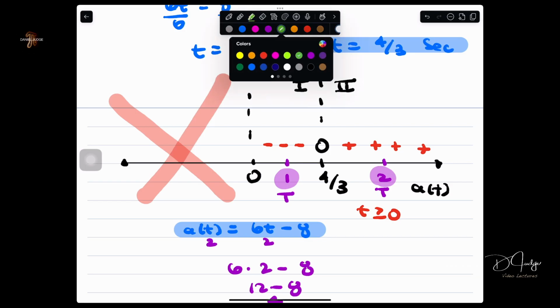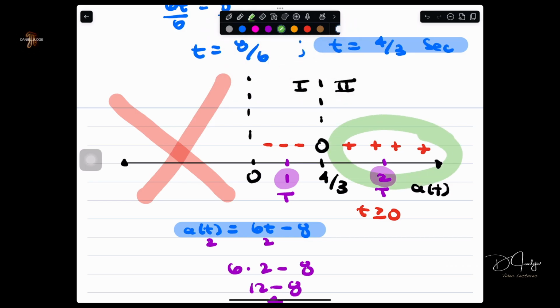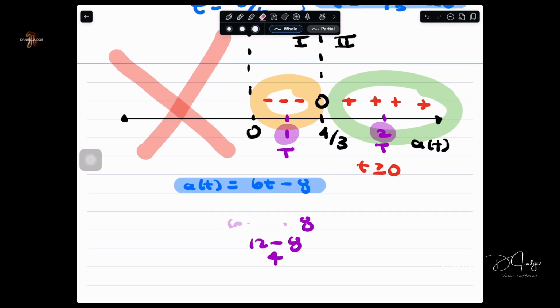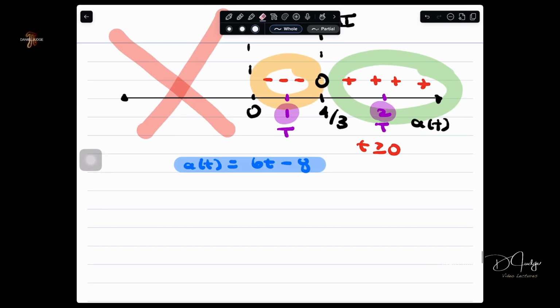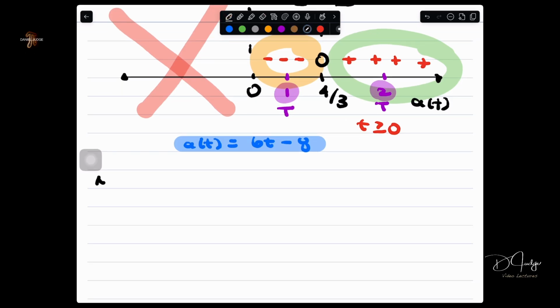So, let's keep with our convention. I think going to the right was green, and going to the left was orange. But this is not velocity sign analysis, it's acceleration. We're talking push or pull now. So the first thing we want to know is where there's no push or pull. That happens when your acceleration is 0.